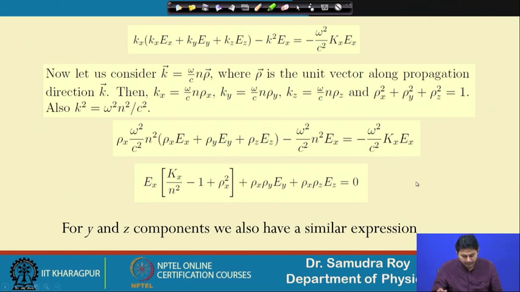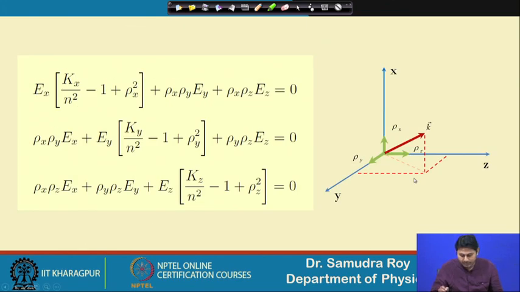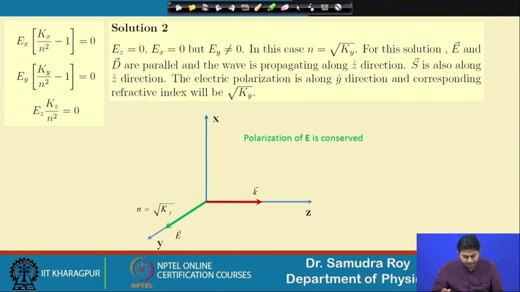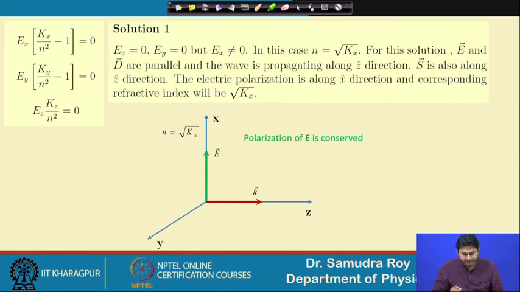So, here what we are doing now, if you see this figure very carefully, you will find that my k is lying along z direction. My k is lying along z direction.